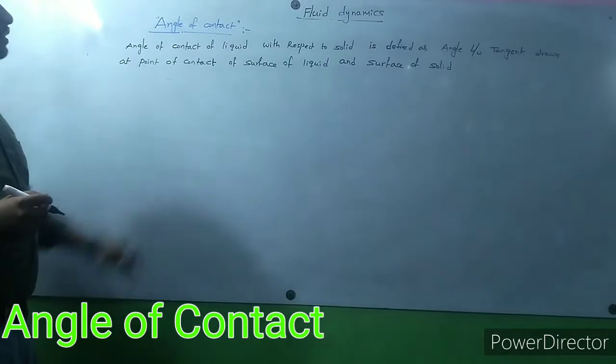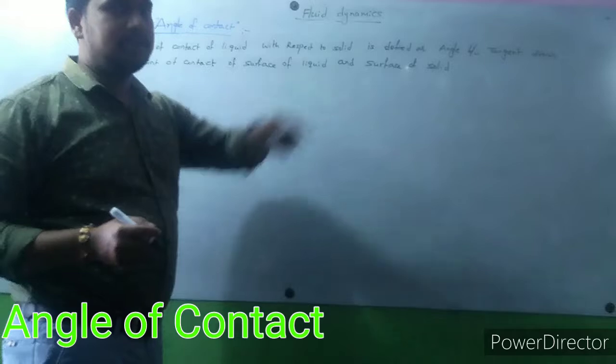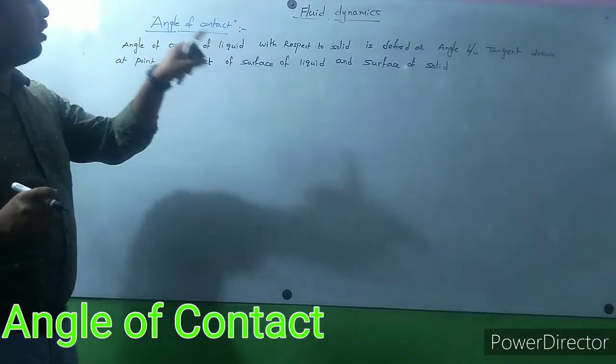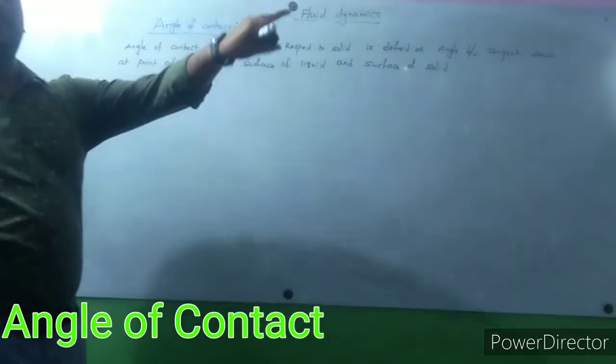Observe carefully: angle of contact of liquid with respect to solid is defined as the angle between the tangent drawn at the point of contact of the surface of liquid and surface of solid.